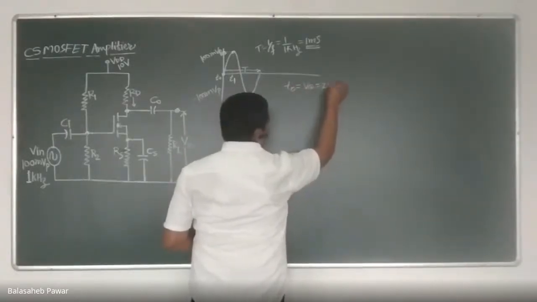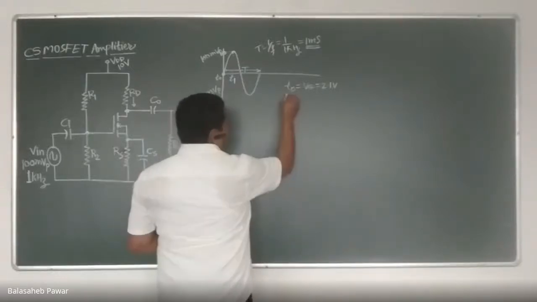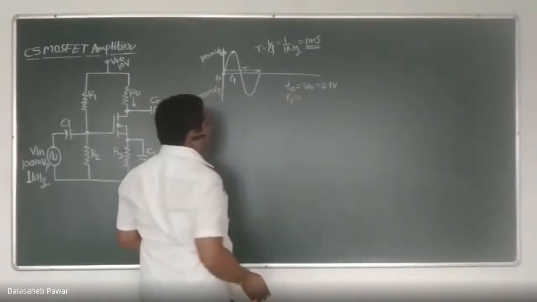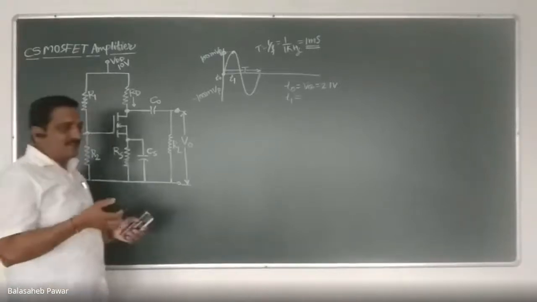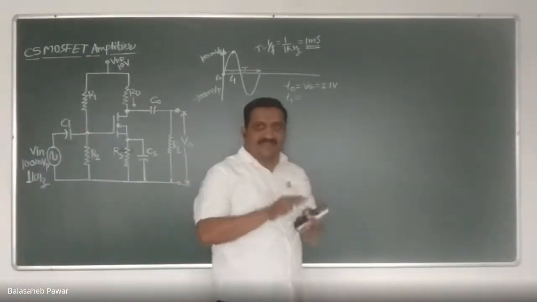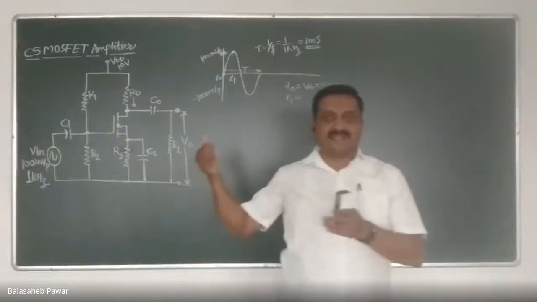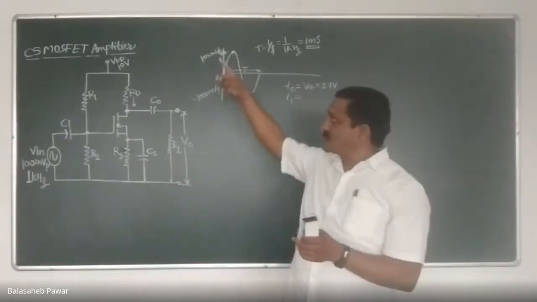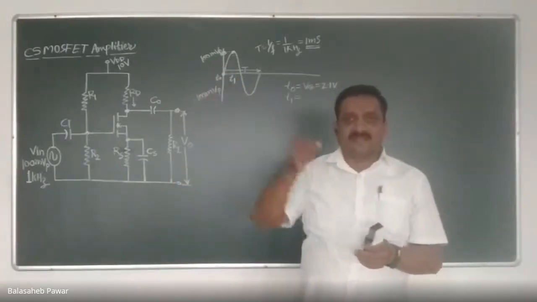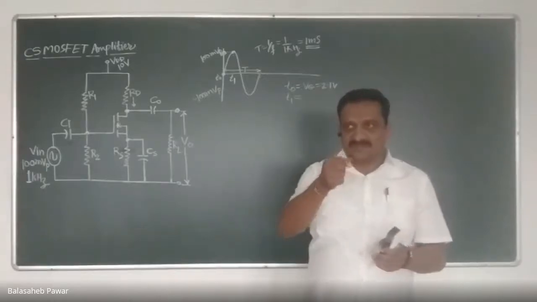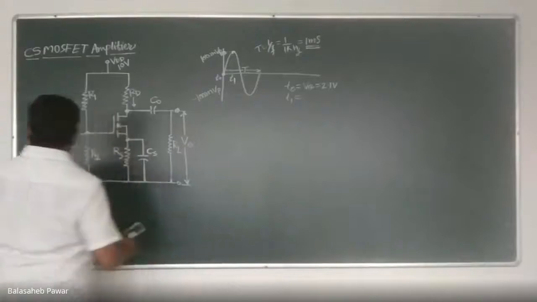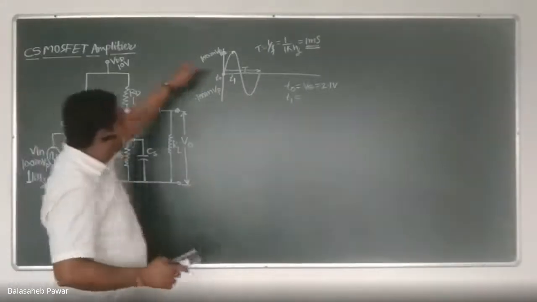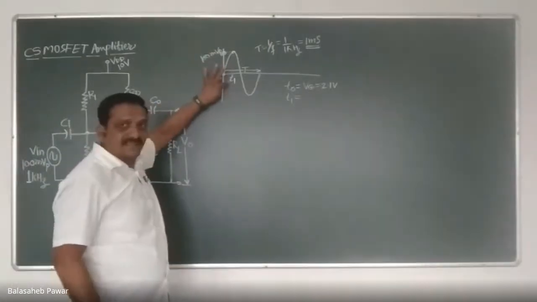As per your answer, it was 2.1. At T equals T1, already a fixed 2.1 volt is available, which is formed by that voltage divider R1 and R2 from the source of VDD as 10 volts. That 2.1 volt is a fixed DC voltage, right? On which we are overlapping this 100 millivolt peak signal at T equals T1. Do you agree with this?